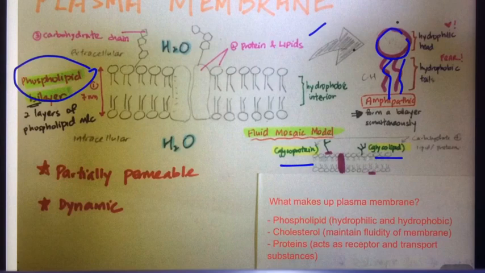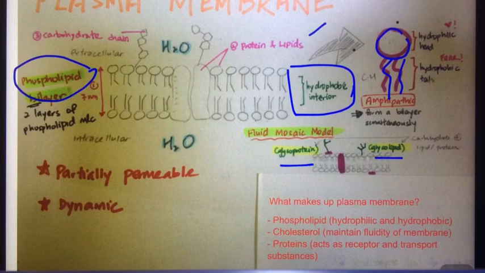Two phospholipid molecules facing each other will form a layer, and indirectly they will form this hydrophobic interior. Sometimes we can also find some cholesterol in the bilayer. Cholesterol maintains the fluidity of the membrane.